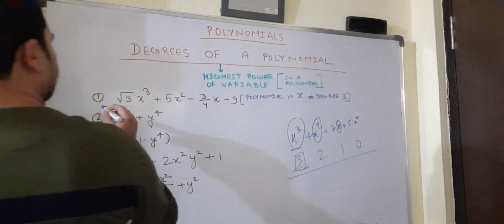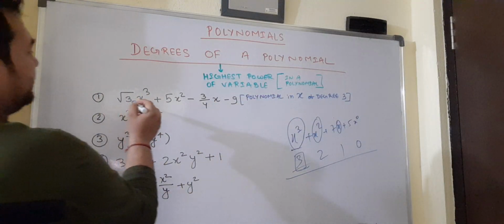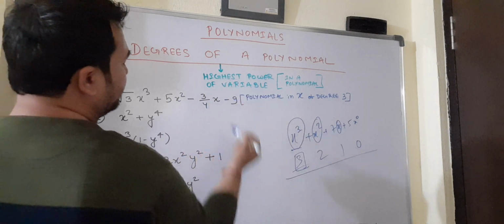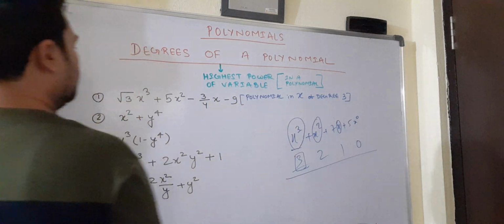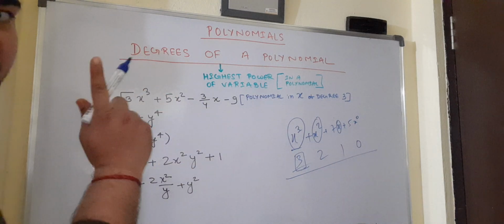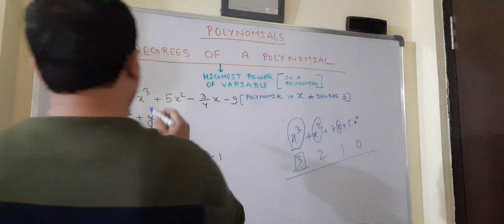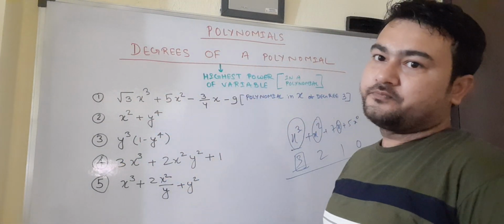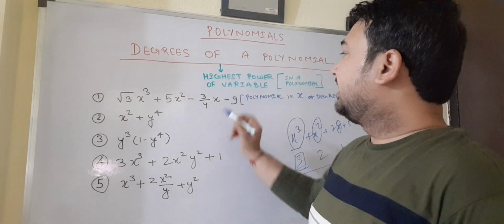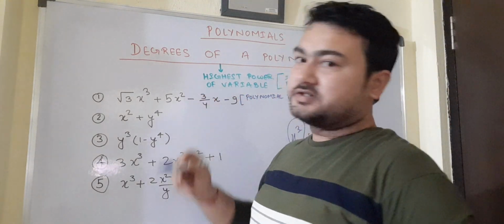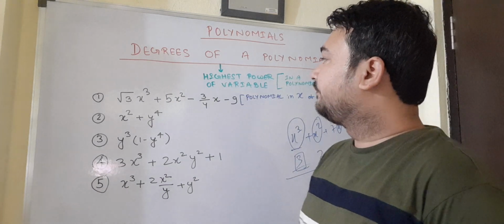Similarly, we have root 3x cube plus 5x square minus 3 by 4x minus 9. Here only one variable is there, that is x. x is in the form of x cube, x is in the form of x square, and x is in the form of x. That is, x has power of 1 here. In this term, it has power 2.